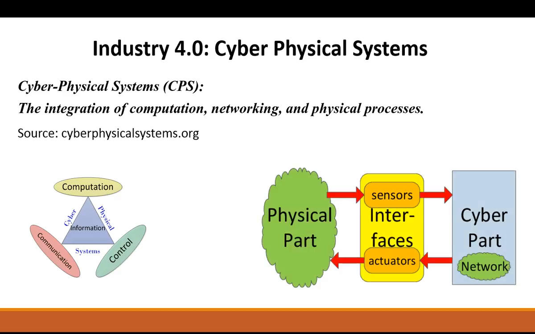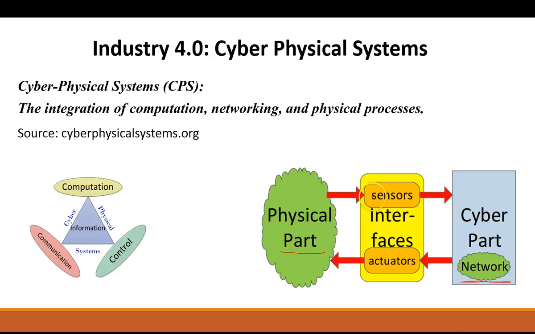So this is a little schematic, just a flow chart, of what Industry 4.0 kind of looks like if you had to conceptualize it. So you have here some sort of physical act, some sort of physical part. You could think of this as your machine that's actually producing the component that you're trying to create and sell. You have some sort of interface and some sort of network, some sort of system that's actually controlling everything.